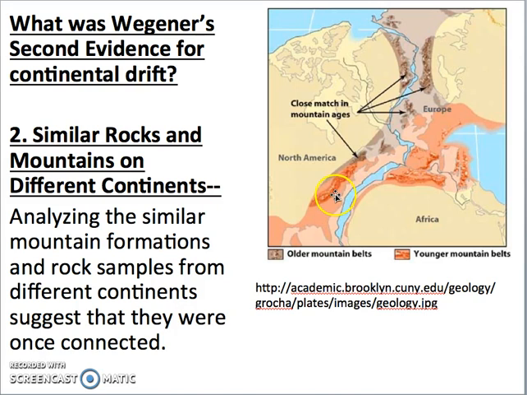So here you can see North America, Africa, and Europe kind of sharing mountain belts, and also from dating these mountain belts, we can find that they were really close in age. So that's another piece of evidence that Wegener tried to propose.